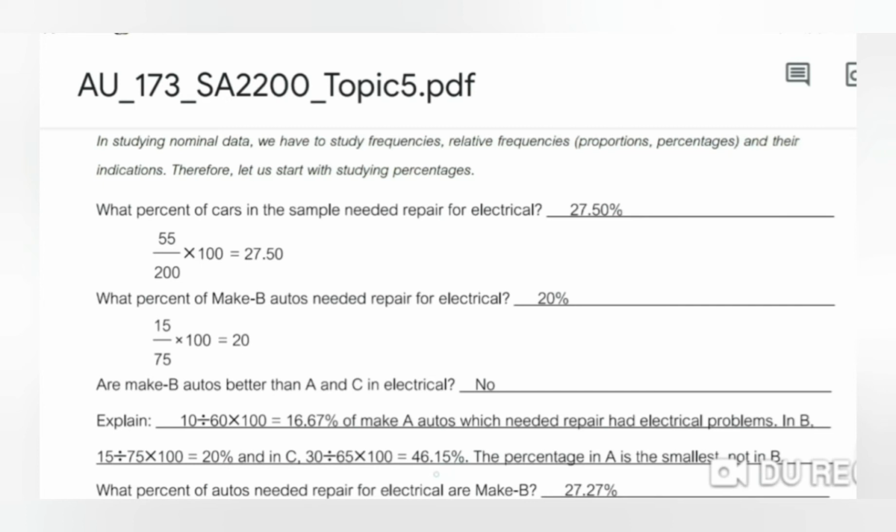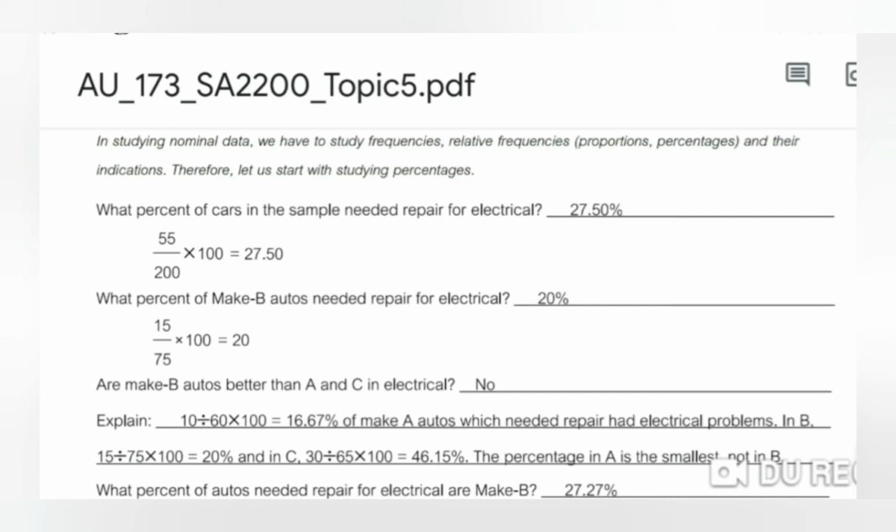So we can guess that among A, B, C, A is the best in electrical problems compared to B and C. Only the smallest percentage have an electrical problem. B is in the middle and C is the worst.